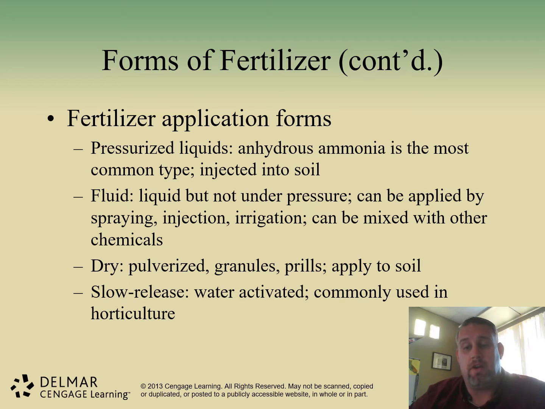Now, anhydrous ammonia is a very potent ammonia source, and this is typically done either highly diluted or before you plant your plants, allowing that ammonia to become a little bit less active in the soil.